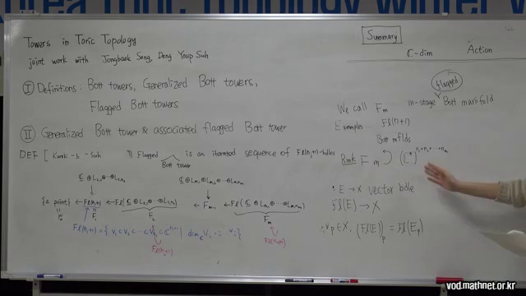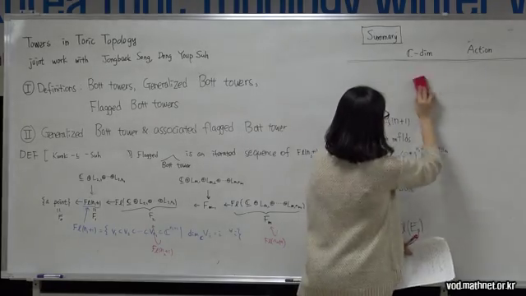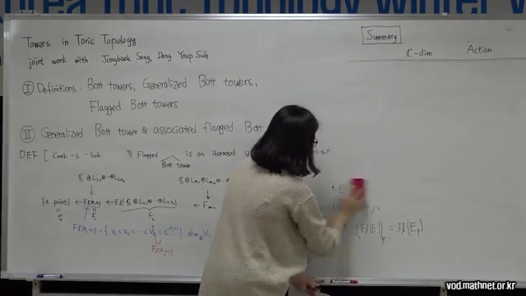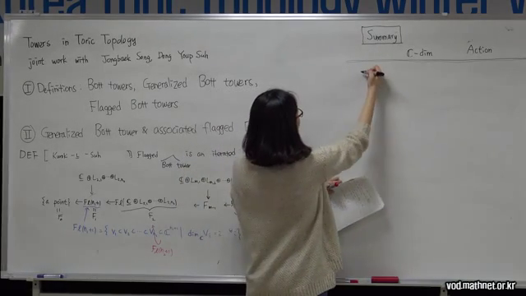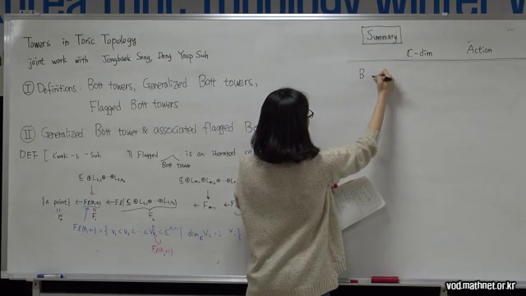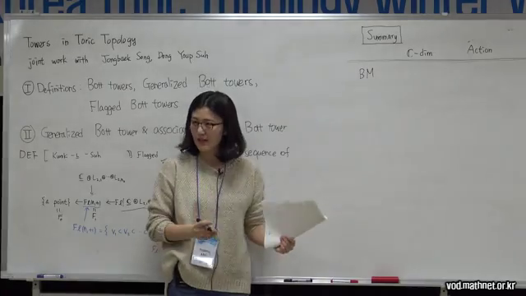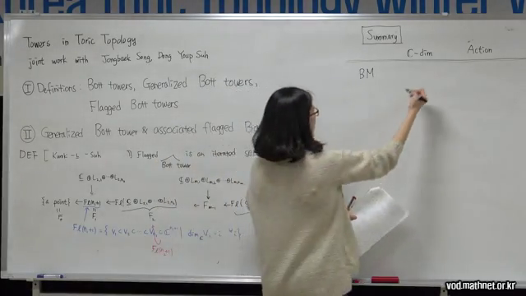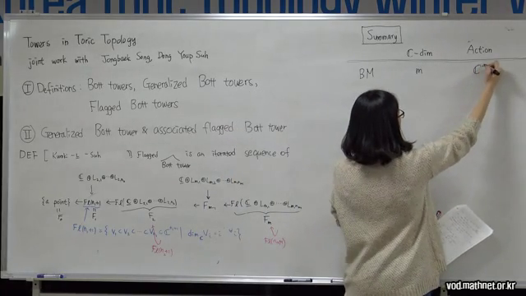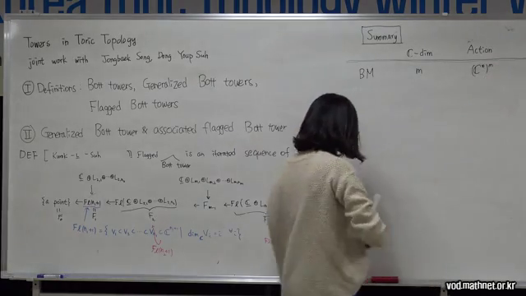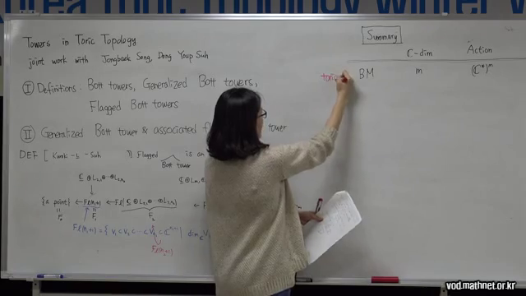So I would like to summarize all of those three kinds of towers. First, if you have a Bott manifold, I want to denote it by B_m. An m-stage Bott manifold is a complex m-dimensional manifold which has a complex torus action of the same dimension, and also this is GKM. This is a toric manifold.